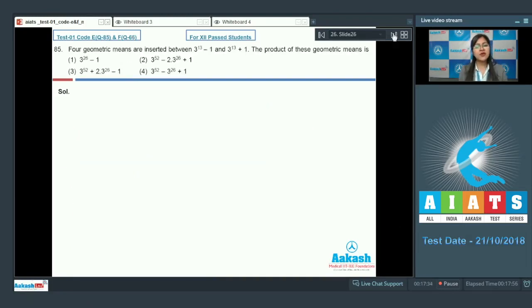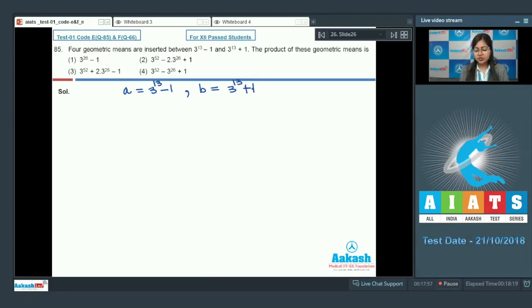Next is question number 85, which says that 4 geometric means are inserted between 3 raised to the power 13 minus 1 and 3 raised to the power 13 plus 1. Now the product of these geometric means is, now let us say the given values are a equal to 3 raised to the power 13 minus 1 and let us say b is equal to 3 raised to the power 13 plus 1.